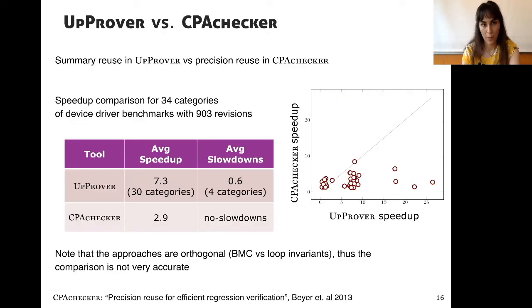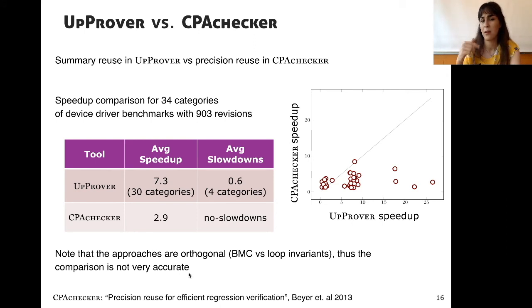We also compared Approver with CPAchecker, which has incrementality using precision reuse in the predicate abstraction. And there also Approver got quite a nice speedup compared to CPAchecker.